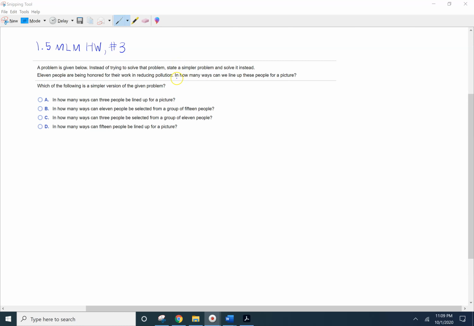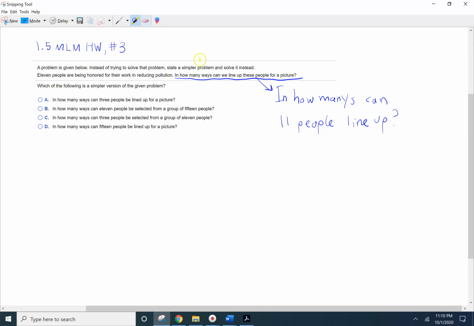So here's the question. In how many ways can we line up these people? Another way to say that is, in how many ways can 11 people line up for a picture? The first thing we have to do is figure out a simple version of the problem.